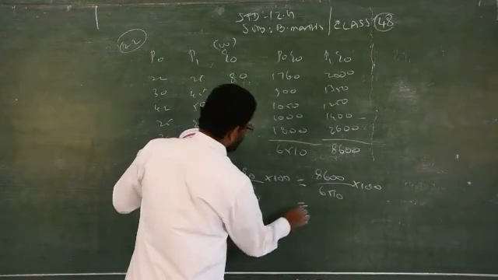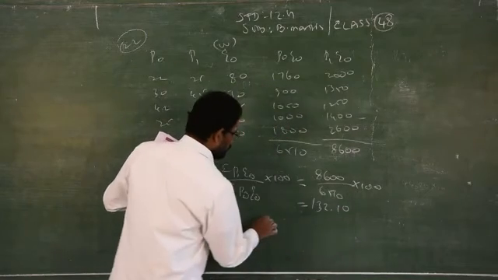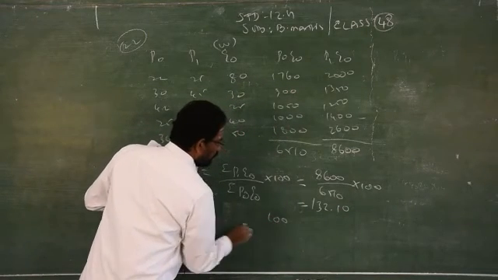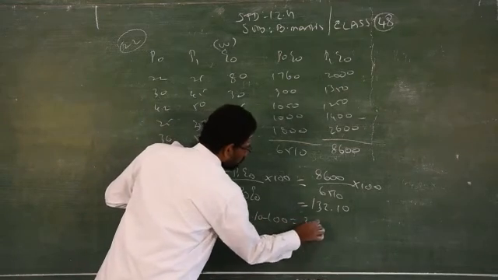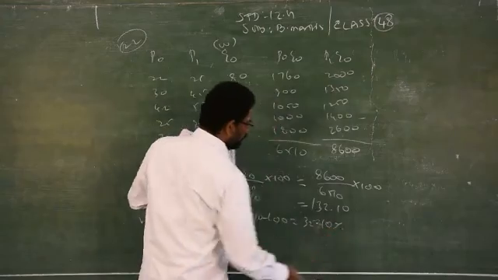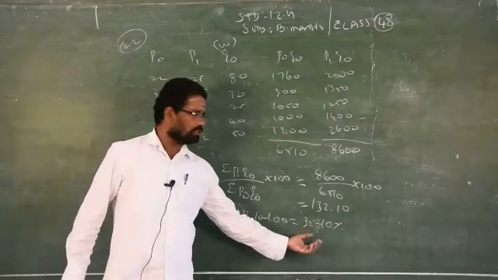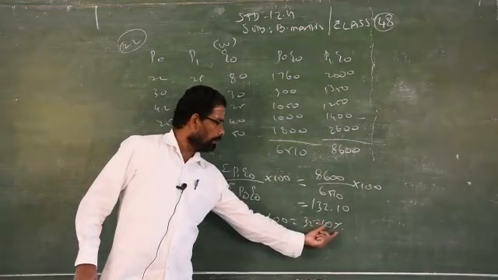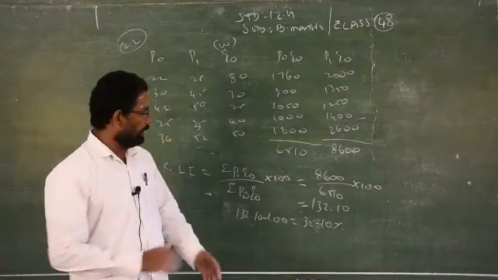Simplify, you will get 132.10. So you subtract 100 from 132.10, that gives 32.10%. The cost of living is increased by 32.10%.